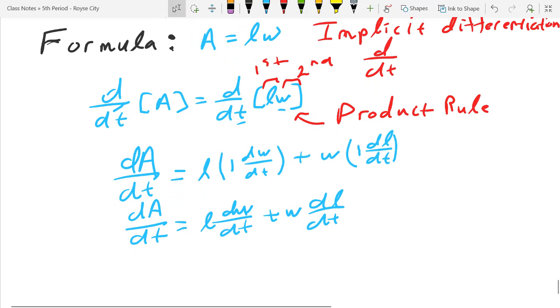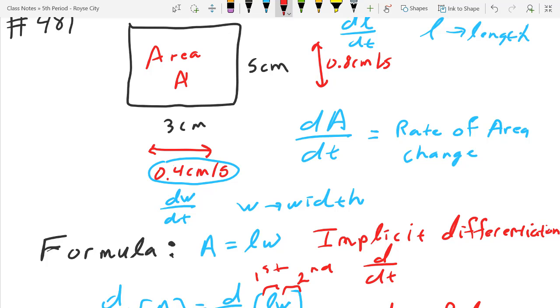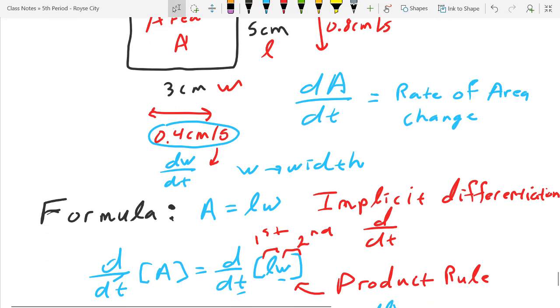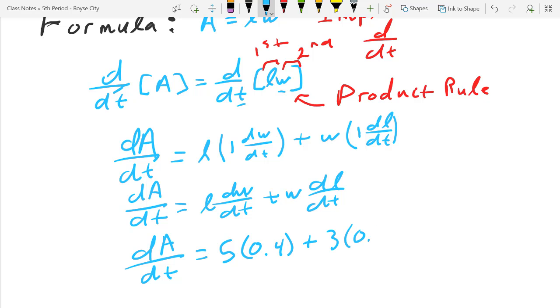However, from up above we have the different measurements of these variables. So this 5 is your length, this 3 is your width, and then these centimeters per second measurements are the dL/dt and dW/dt. So we'll plug those numbers in. We'll have dA/dt is equal to 5 times 0.4 plus 3 times 0.8.